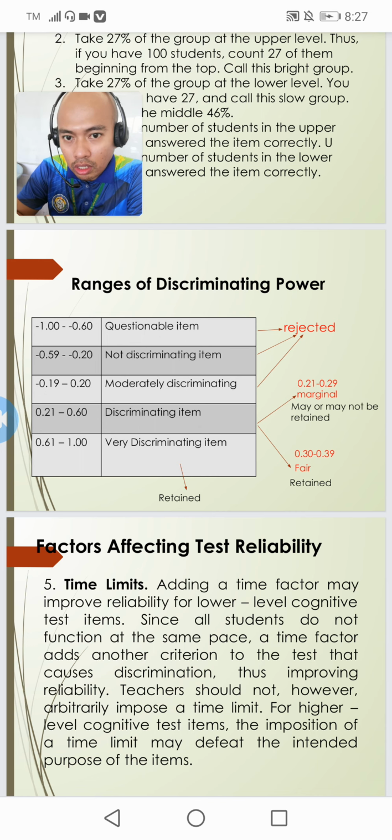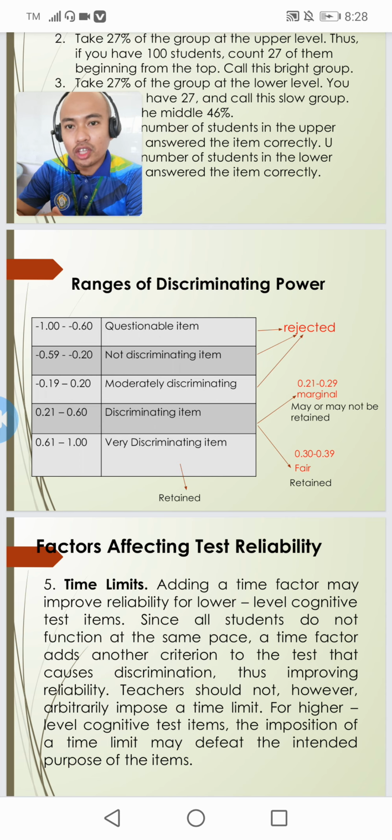So, ganun din ang gagawin natin from negative 0.59 to negative 0.20. Okay? Which is interpreted as not discriminating item. With the same manner with negative 0.19 to positive 0.20. So, ang ibig lang sabihin nun, from negative 1 up to positive 0.20, we will reject automatically the item.